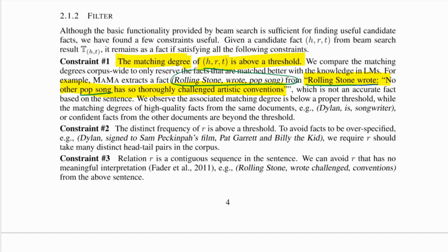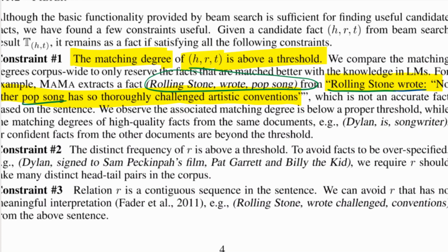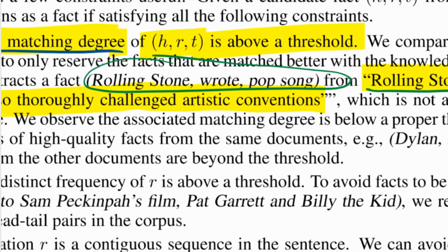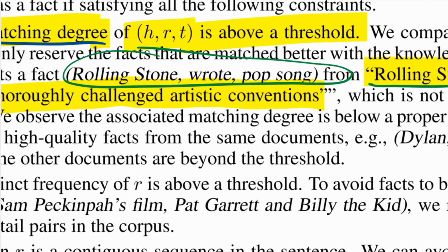To limit the matching degree, to say it must be at minimum some number, makes a lot of sense, because if the matching degree is high, that means, if we go by this attention matrix, that the words in the candidate fact, as themselves, follow from each other.